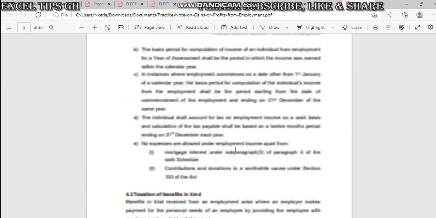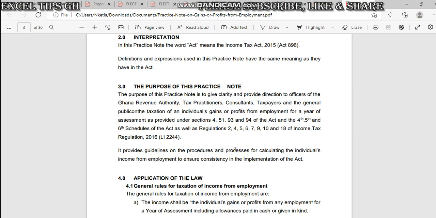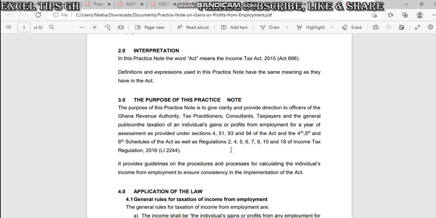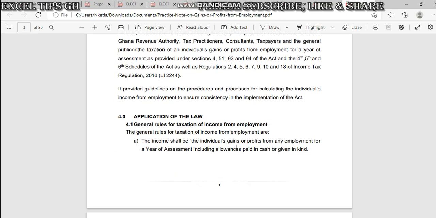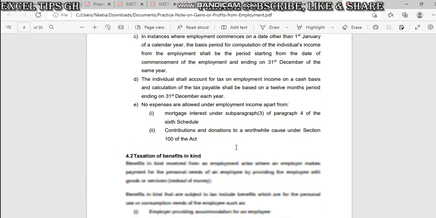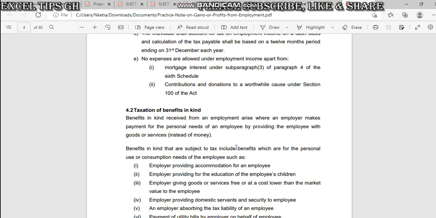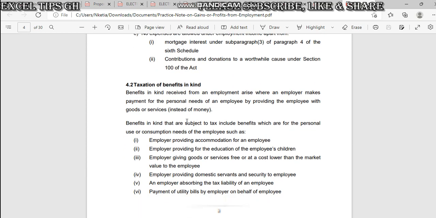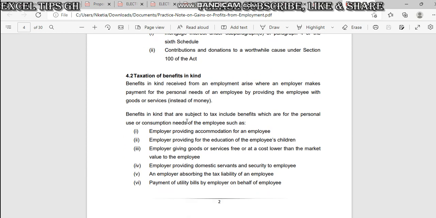This is a practice note from the Ghana Revenue Authority, where we are going to be particular about the taxation of benefit in kind. As per the income tax, if an employee is given any of such benefits as listed here, the first one is an employer providing accommodation for an employee.